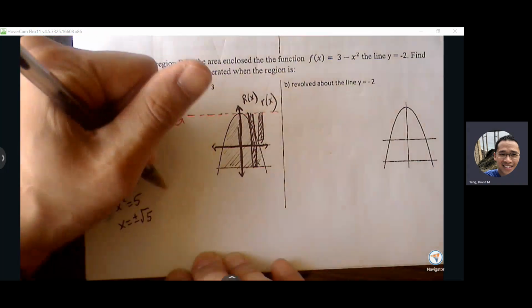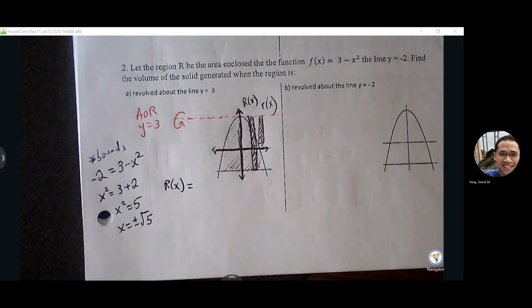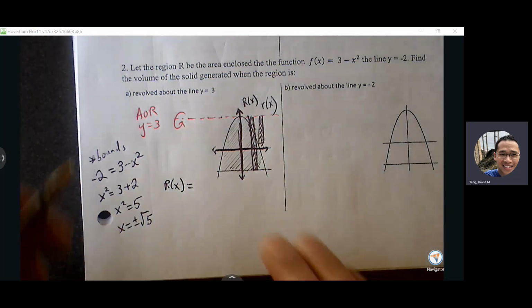Big radius. Okay. We know what the big radius is. Big radius is the one that's the longer length. What's the top of big radius sitting on? 3. What's the bottom of big radius sitting on? -2. So 3 minus -2.